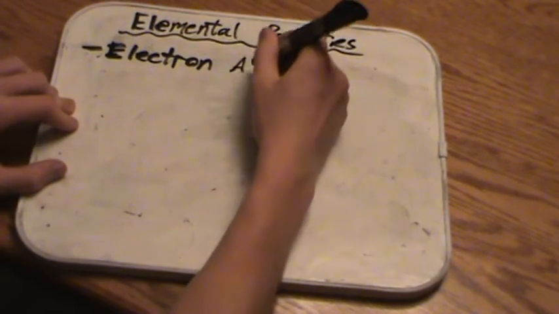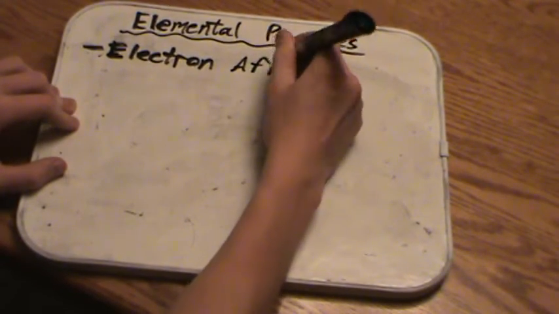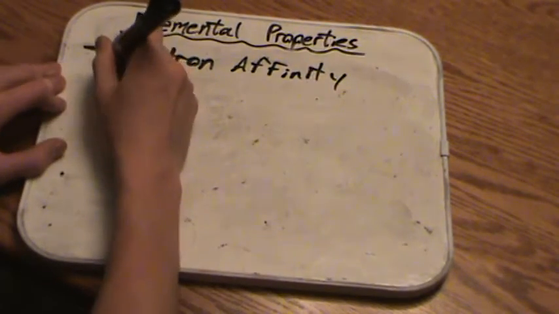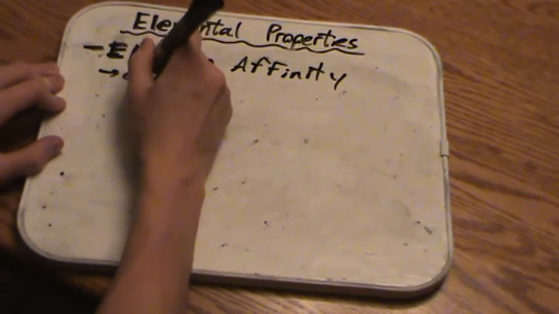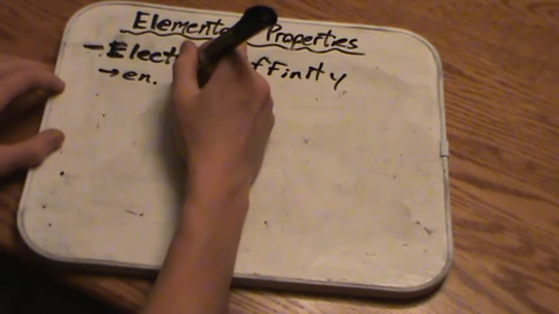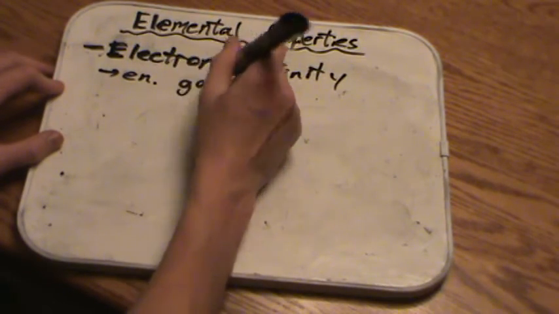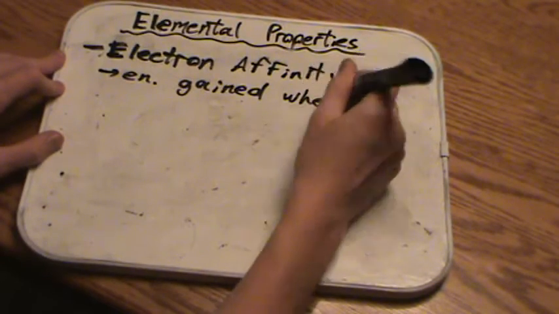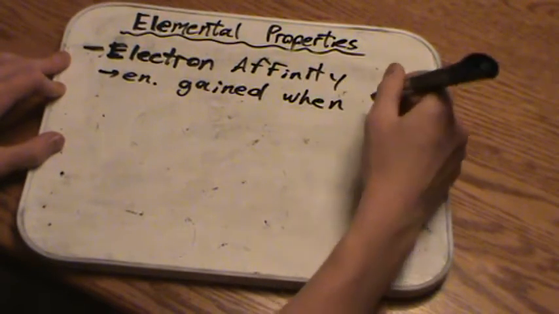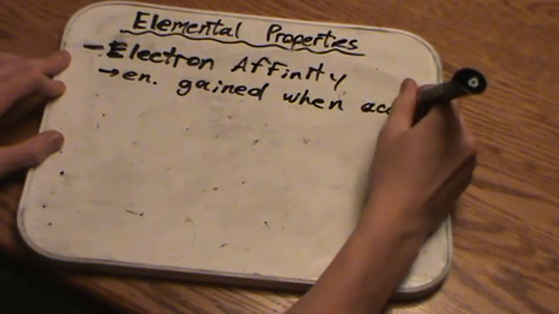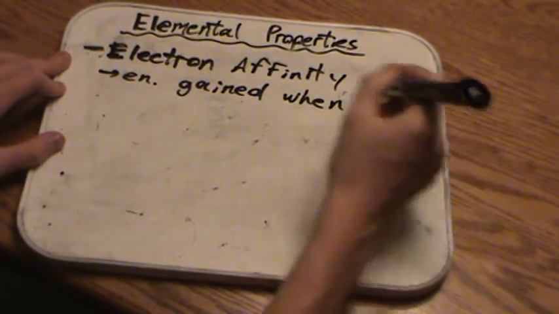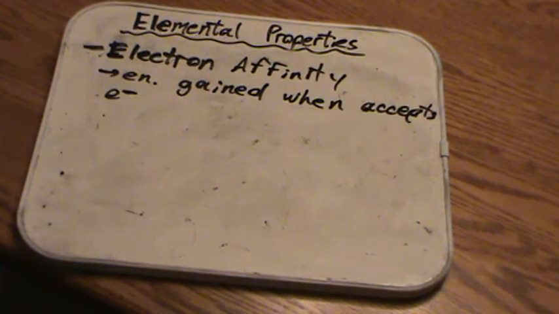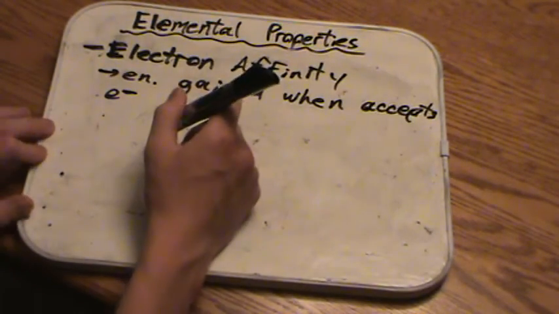Electron affinity is the opposite of ionization energy, in the sense that it is the energy gained when an atom accepts an electron. And it makes sense that there is energy gained when an atom accepts an electron.